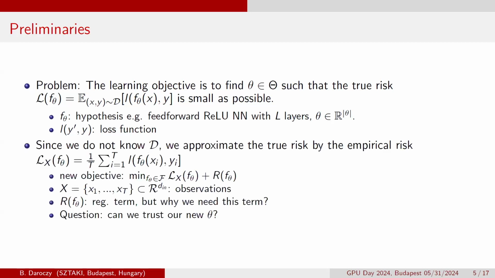But the problem is that we don't actually know the true distribution, so we can only approximate it with some kind of empirical risk, which just means that we have t samples and we are measuring the average of it, or some kind of mean.